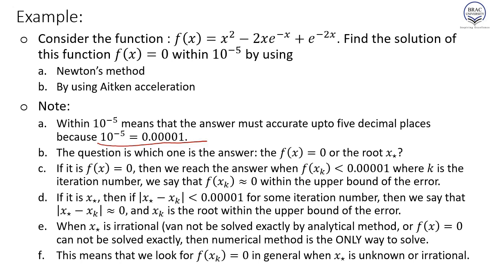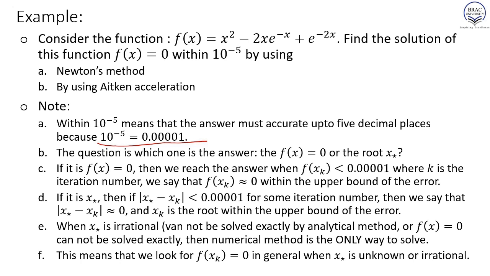Whenever you know the value of the root exactly, then this is the case you can choose. But in most cases, whenever the root is an irrational number or it cannot be solved by analytical methods, like a transcendental equation or anything else, then you cannot compute the difference between the root and the iterated value. It is impossible to compute.